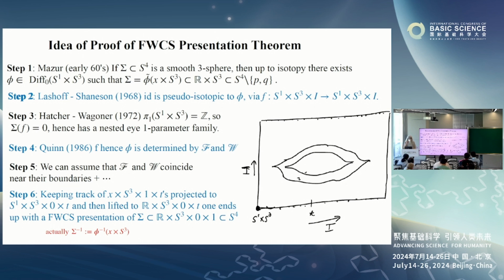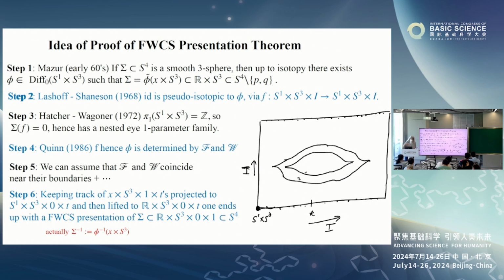Okay, but what makes this interesting to me is the question about this Schoenflies question. It reduces to a question about diffeomorphisms of S1 cross S3, and as I mentioned earlier, Laudenbach and Sonnenburg showed that any diffeomorphism of S1 cross S3 homotopic to the identity is pseudo-isotopic to the identity.